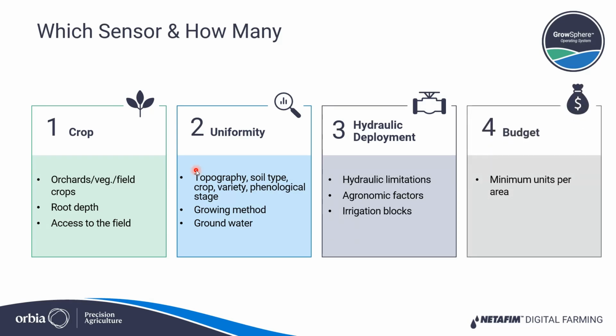And the last thing is the budget. In the end, it's a matter of the budget. If you can have more devices and get more information, you will have a better decision.